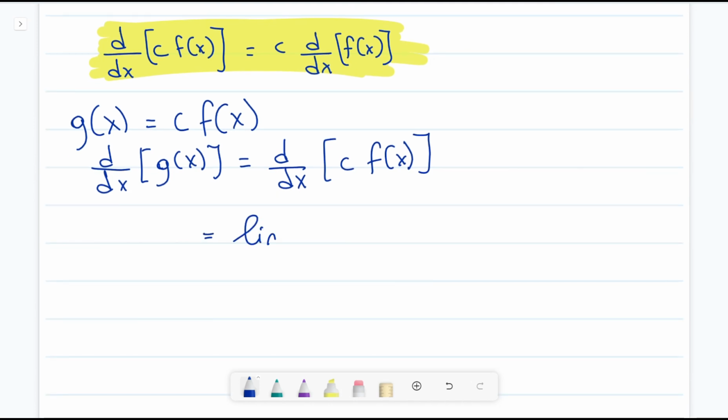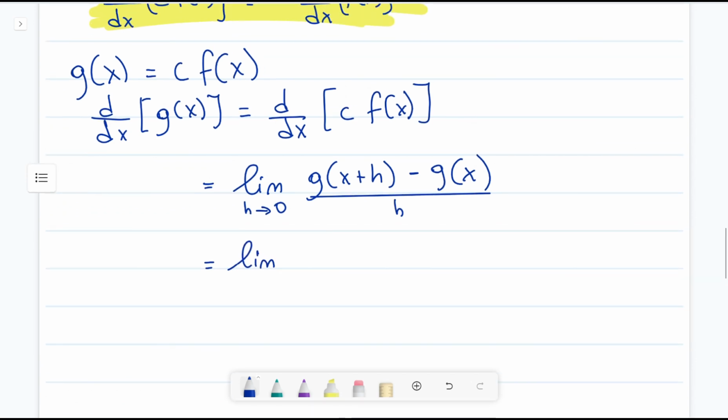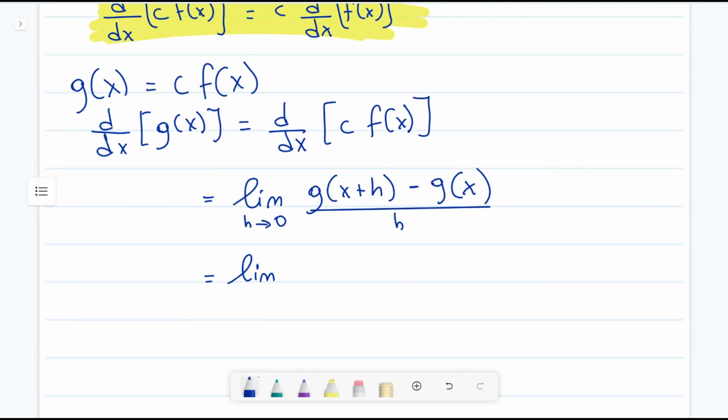And as usual, we always go back to the definition. In this case, we use g here, not f. So the limit of g of x plus h minus g of x divided by h, as h approaches 0. So let's look at g of x plus h.